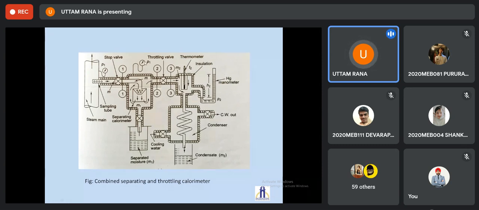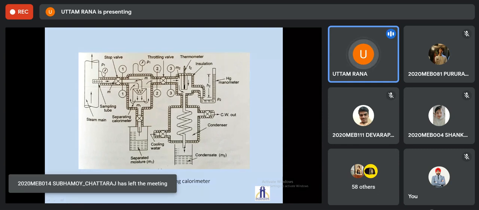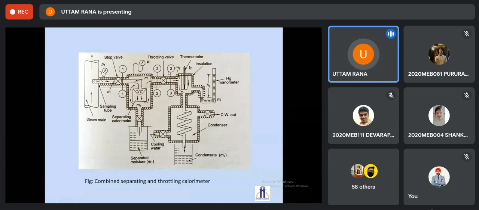Then it passes through a throttling valve. State 2 to state 3 is basically a throttling process where we can apply that H2 is equal to H3. After that, the steam after throttling comes to a chamber where its pressure and temperature are measured. Then it goes to a condenser where the condensate is collected. Now let us say during 5 or 10 minutes of operation, a steady flow situation is maintained.